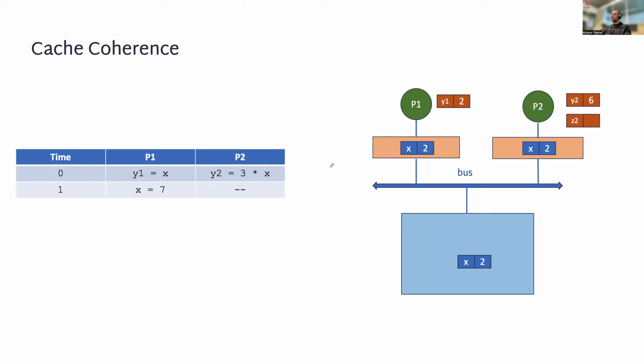Quite simple. In the next time step, we want to change x to 7. This is done by the first processor, and the second processor does not do anything related to x. So here the first processor needs to get x, which is already available in the cache.